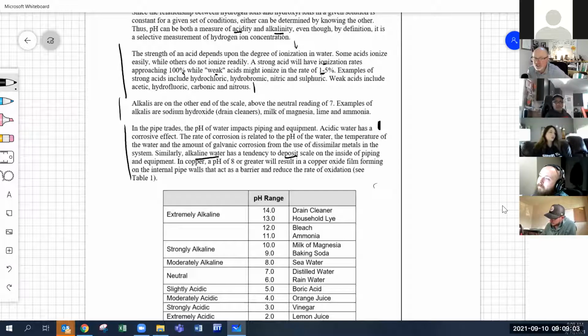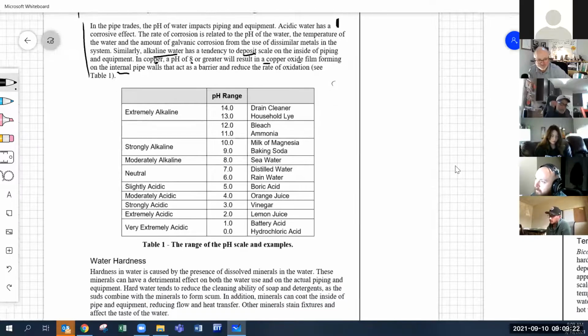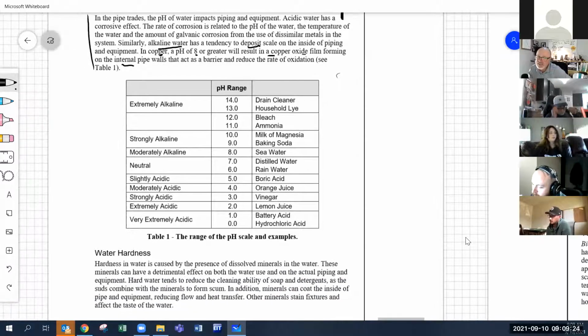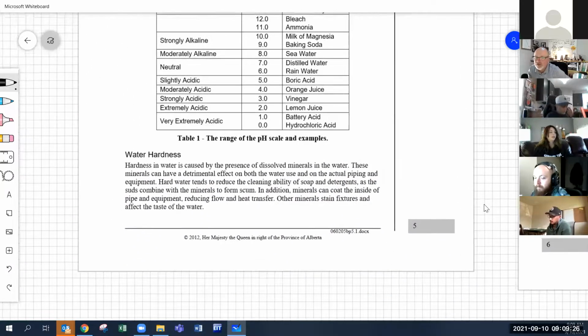And that's not good either. And in copper exclusively, a pH of 8 or greater will result in a copper oxide film forming on the internal pipe walls, and it acts as a barrier and reduces the rate of oxidation. So this is a problem in our field.